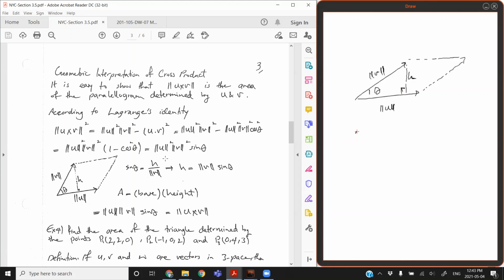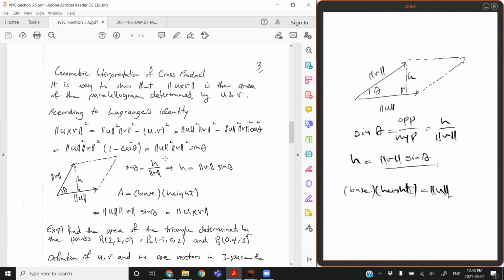So sine of theta is going to be opposite over hypotenuse. Opposite is h, hypotenuse is norm of v. So you can see that h is basically norm of v times sine theta. So the area of the parallelogram is going to be base times height. That's going to be norm of u times height, so norm of v times sine theta.